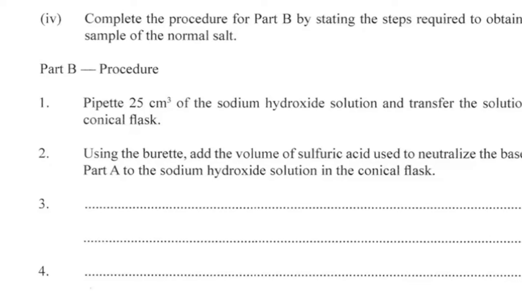So in part 4, we're being asked to complete the procedure for part B by stating the steps required to obtain a dry sample of the normal salt. They've given us 2 steps here. 1, pipette 25 cm³ of the sodium hydroxide solution and transfer the solution to a conical flask. 2, using the burette, add the volume of sulfuric acid used to neutralize the base from part A to the sodium hydroxide solution in the conical flask.